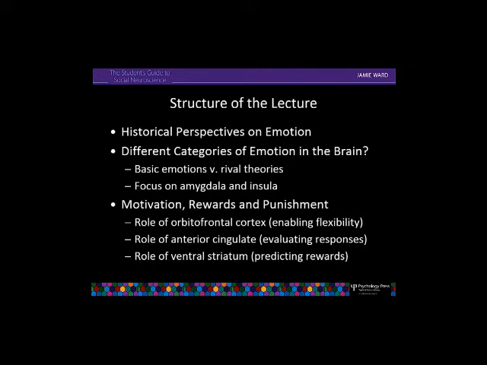Are there a fixed number, or do we have to think about a space of emotions? And if there is a space of emotions, what are the axes that go through it, for instance? Then I'll talk a little bit about motivation, rewards, and punishment. And a lot of what I'll go through in this lecture is talking about some of the key neural mechanisms, so regions like the amygdala, the insula, orbitofrontal cortex, and so on.